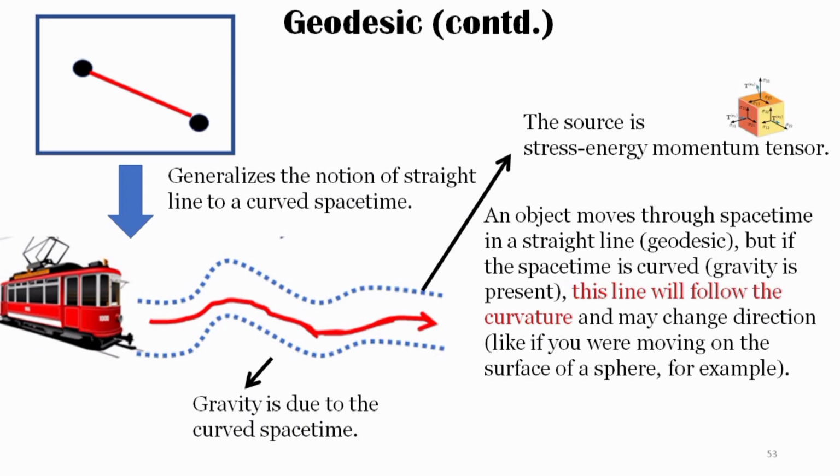This is an extremely important concept. Geodesics are basically the shortest path that anything will take, and this is the effect which we call gravity, because gravity is this movement of the particle along the curvature.